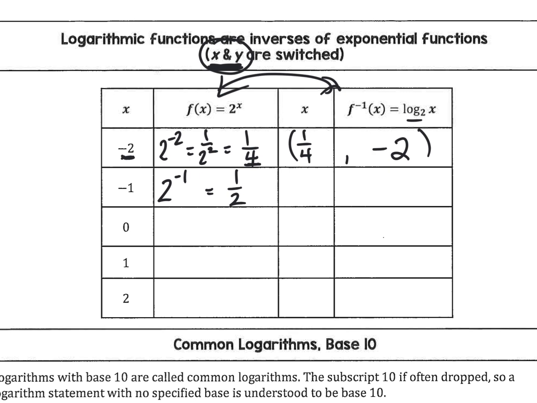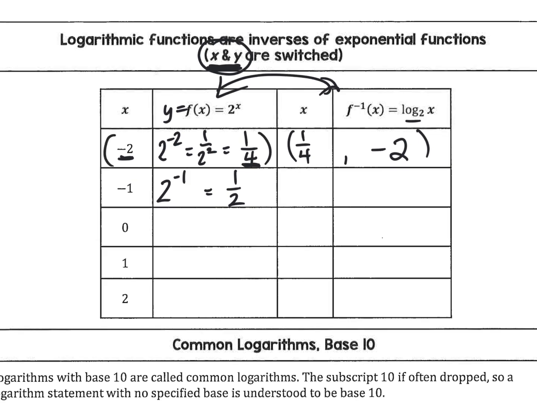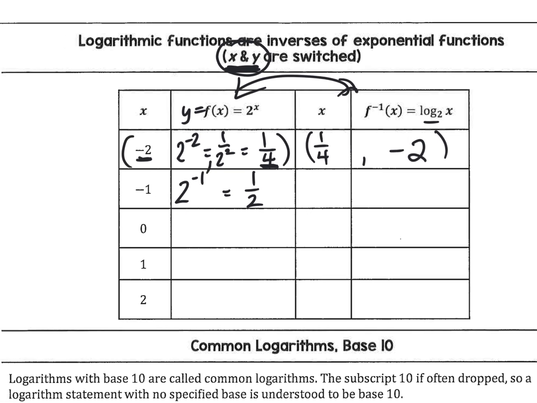This was my coordinate pair to begin with, -2, 1/4. So to do the inverse, I simply swap those two around. So instead of -2, 1/4, I got 1/4, -2.